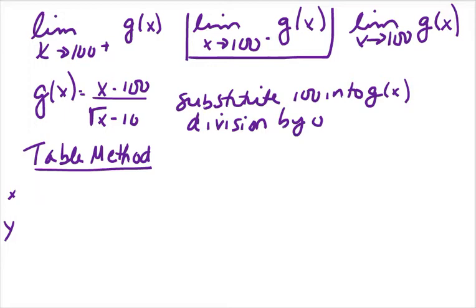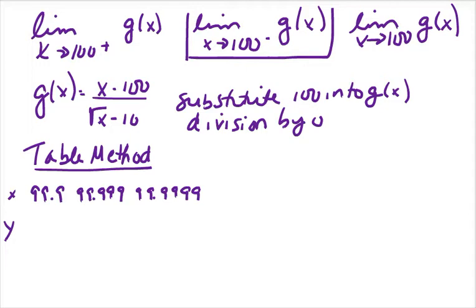I'm going to pick values that are slightly less than 100, and I'm going to get closer and closer from the left-hand side. The most efficient way of doing this is to either use Maple or put the function into your calculator and, like I showed you on Friday, put in x values and then get the y values out.